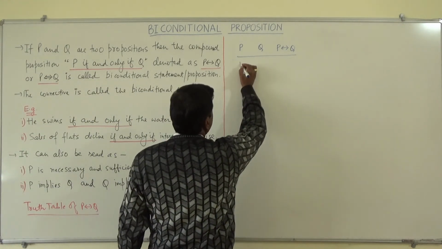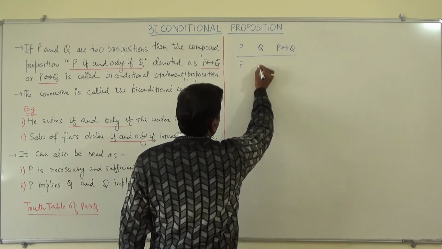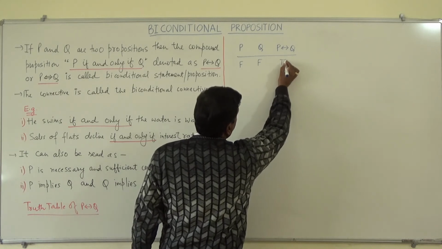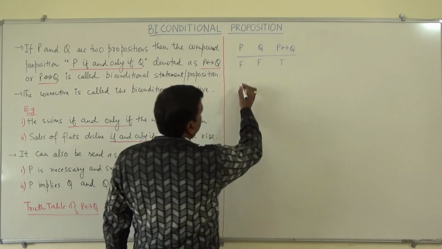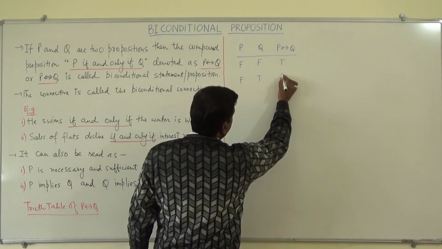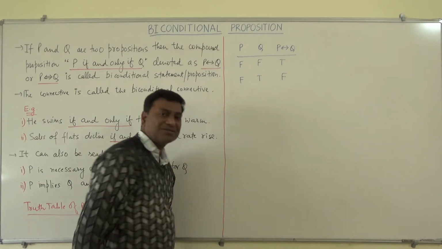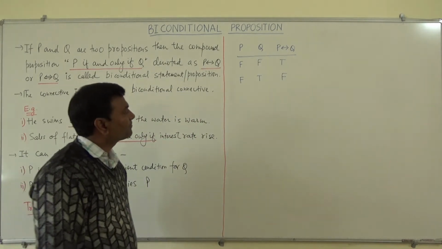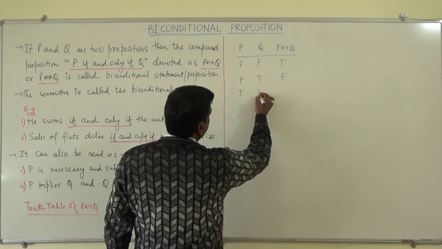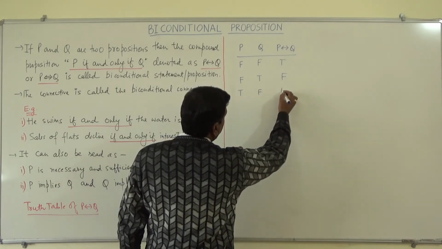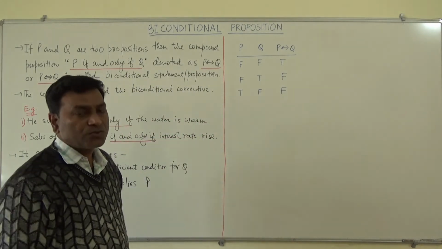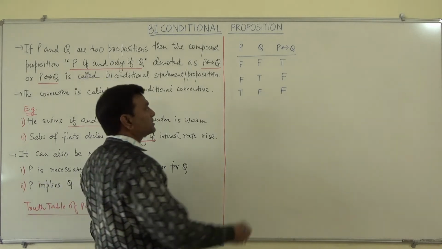If P is false and Q is true, then this is false. If P is true and Q is false, again this is false. And if P is true and Q is true, then this is true.